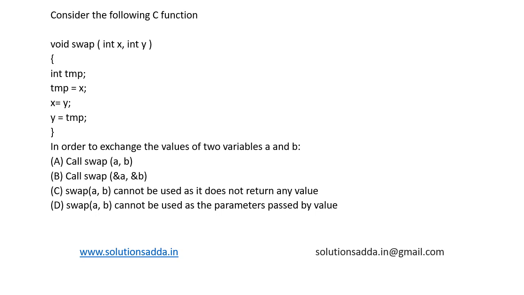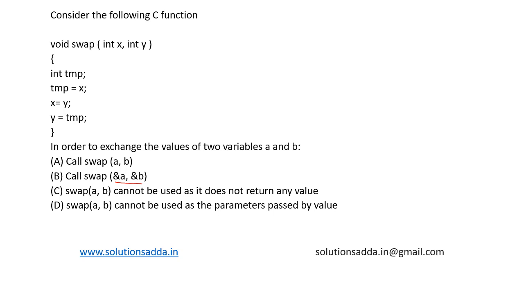Second option is called swap of ampersand a comma ampersand b. Here we are passing the memory addresses of a and b to the variables x and y. But since x and y are not pointer variables, we cannot perform the swap in this option also. Option C, swap a comma b cannot be used as it does not return any value.